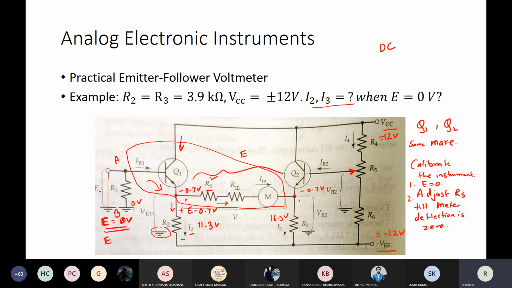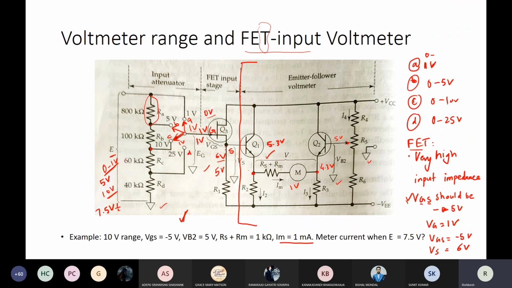One was non-linear, this is linear, and we have simply extended the voltage range and connected a high input impedance FET stage. Apart from that, this is linear only, right? So for 10 volt full scale deflection, if it is giving a full scale deflection current of 1 milliampere, for 7.5 volts, how much should it give? 0.75.